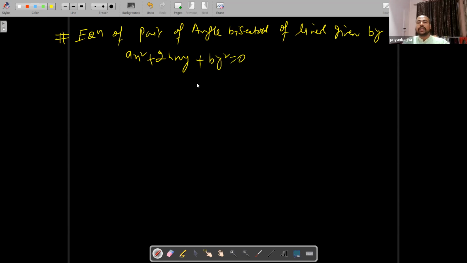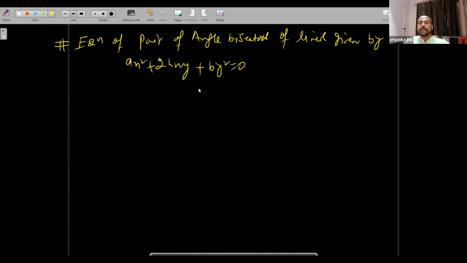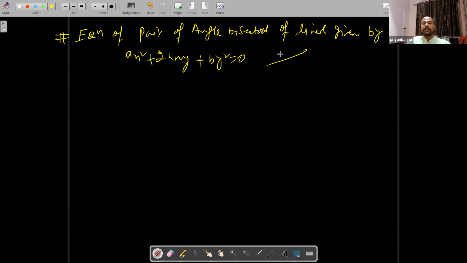So this will represent two straight lines, right? Suppose this represents two straight lines like this. So one angle is this and one angle is this. So there will be angle bisector of this and this. So we have to find the combined equation of these angle bisectors.